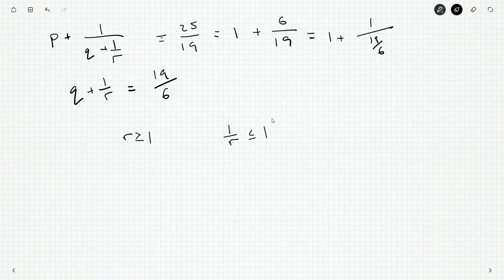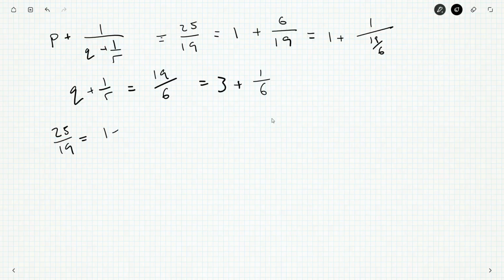And so Q plus 1 over R has got to be, the Q here is going to be the biggest integer part in this one as well. So I ask myself, well, 19 over 6, what's the biggest integer there? It's going to be 3 plus, and then 6 times 3 is 18. 19 minus 18 is 1 over 6. So if we put it all together, 25 over 19 is 1 plus 1 over 3 plus 1 over 6.